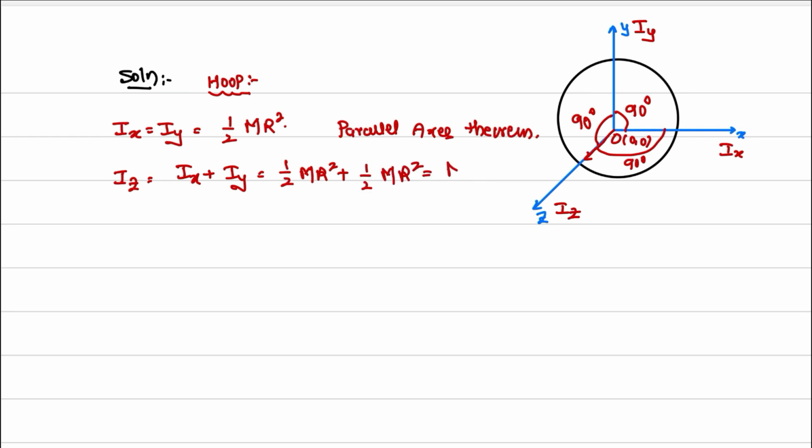I have also released a shorts video on moment of inertia, and in the regular video I have explained radius of gyration. That means if Ix is equal to Iy, and you take it as I, then Iz is equal to 2Ix, that is equal to 2Iy, that is equal to 2I.